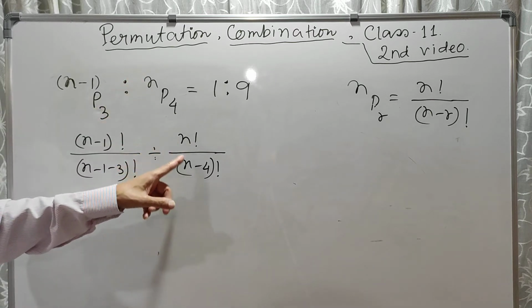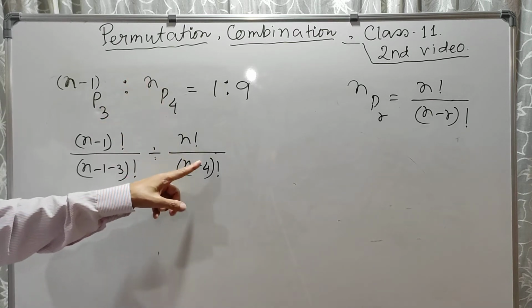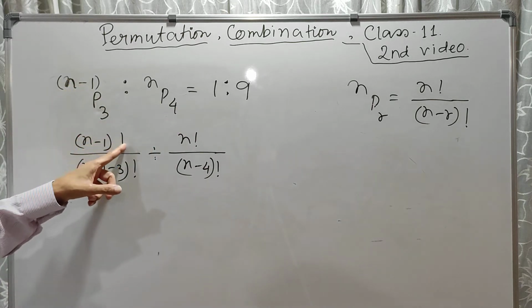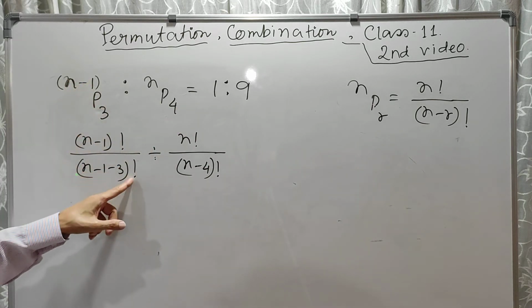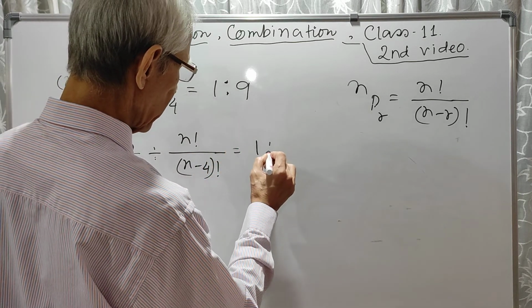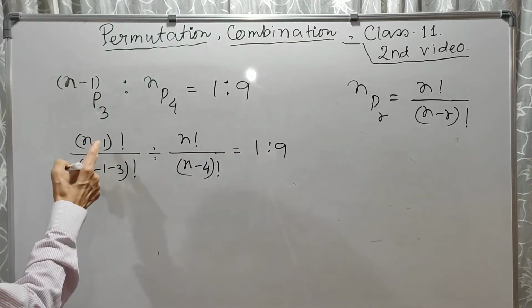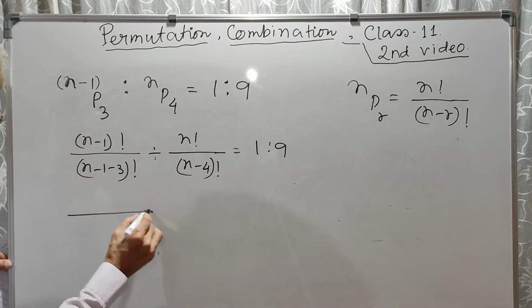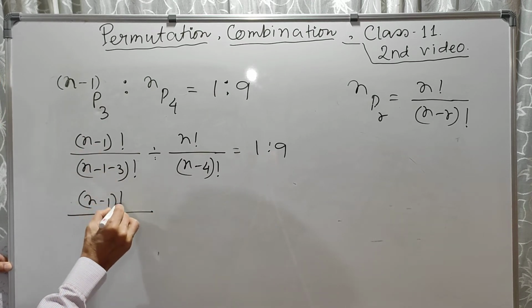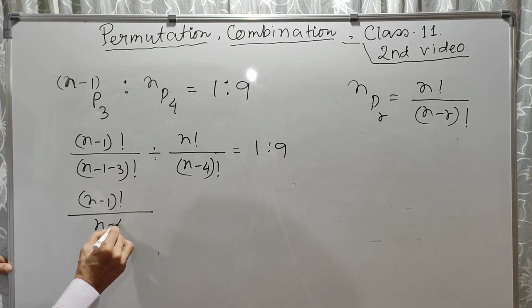This is equal to 1:9. Now n minus 1 factorial, n minus 4 factorial.